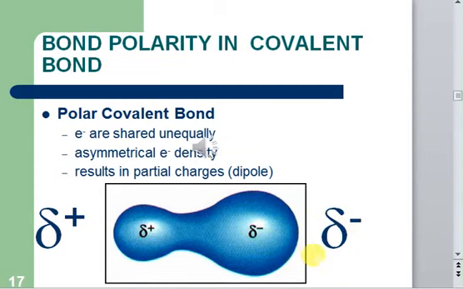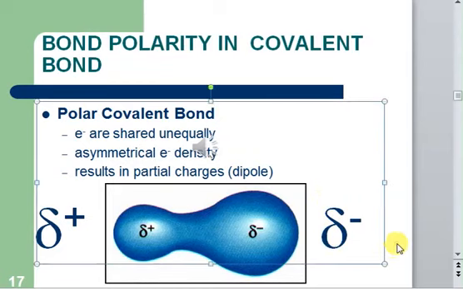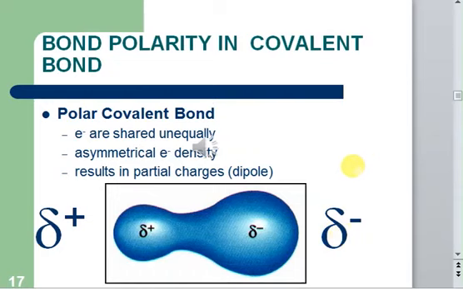The partial negative sign indicates that there is higher electronic density, but partial means half. Since that's not a true negative charge, we make use of this partial symbol. It indicates that the bond is covalent, electrons are shared, but this atom is keeping the electrons toward itself more.